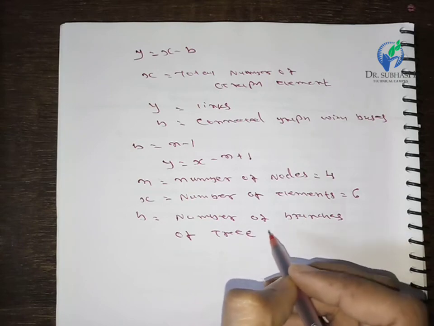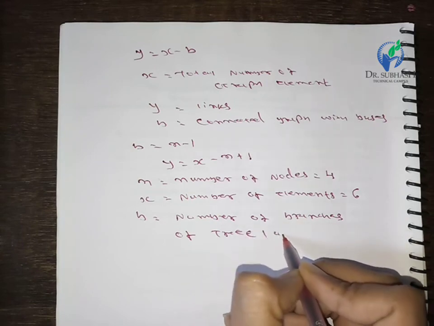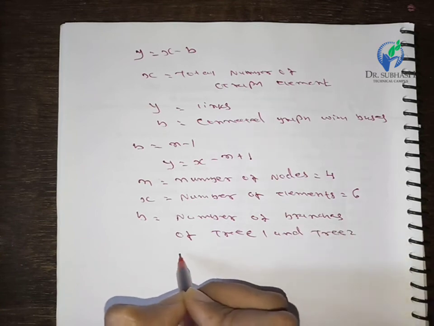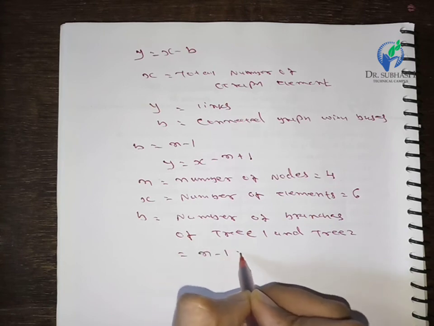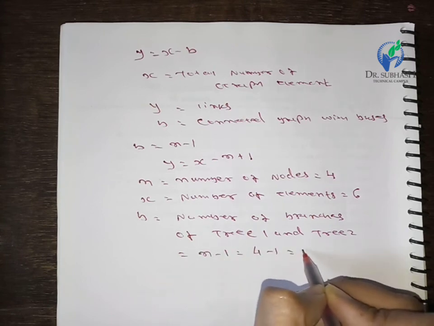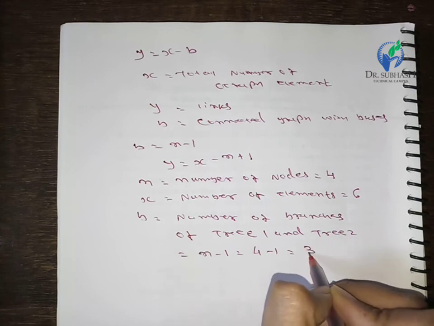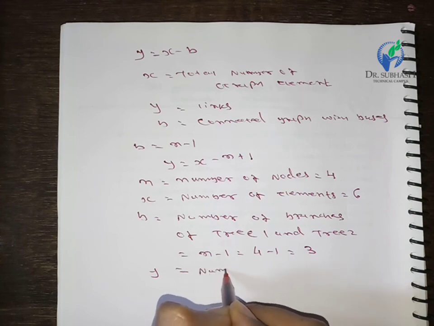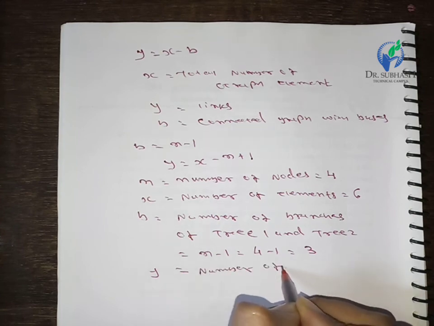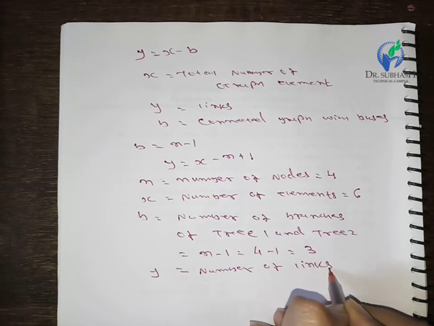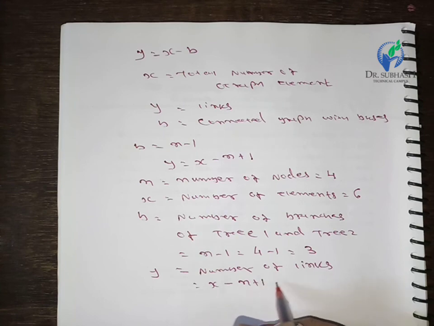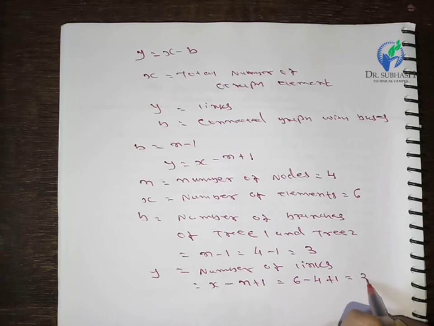For tree 1 and tree 2, b is equal to n minus 1 is equal to 4 minus 1, so it is 3. And y is equal to the number of links, so x minus n plus 1 is equal to 6 minus 4 plus 1, so it is 3.